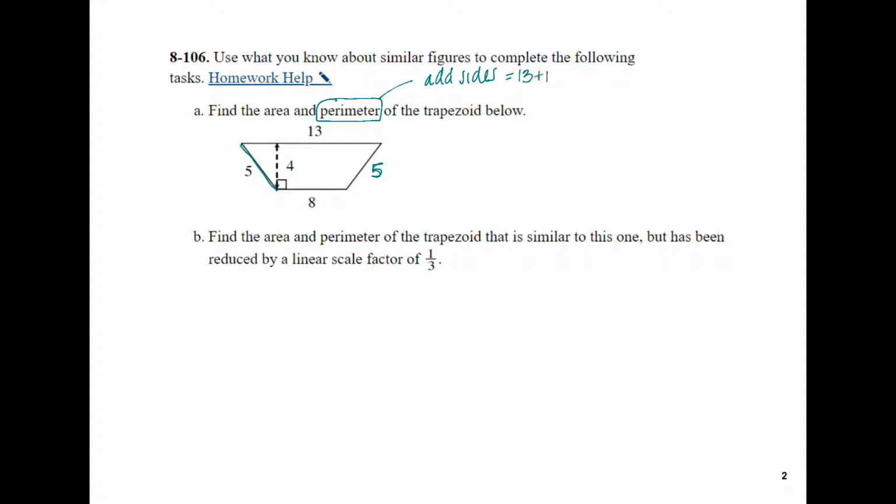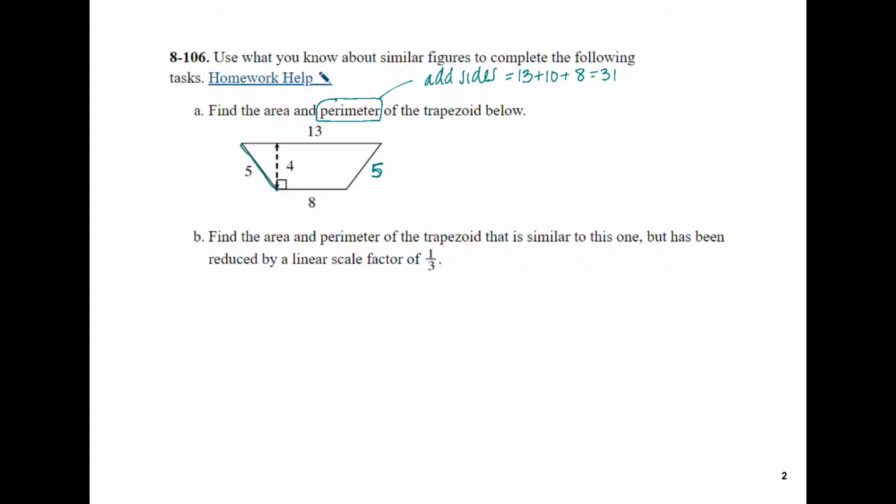So 13 plus 10 plus 8 gives us our perimeter of our trapezoid. So you would assume that this adds up to 31.